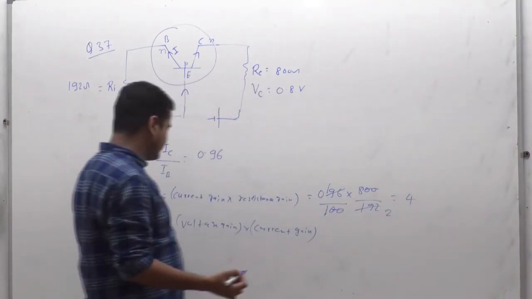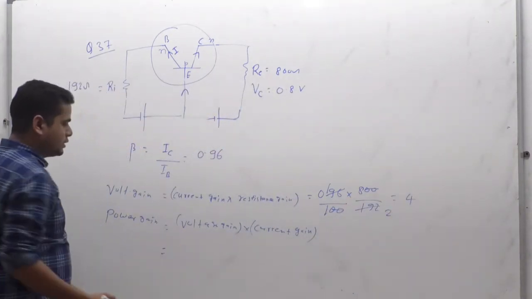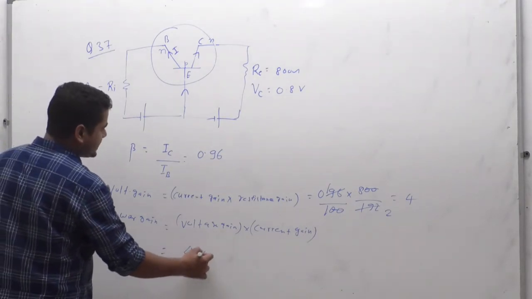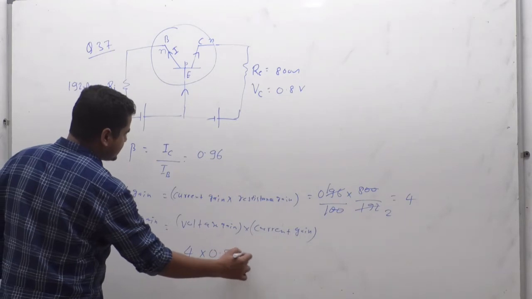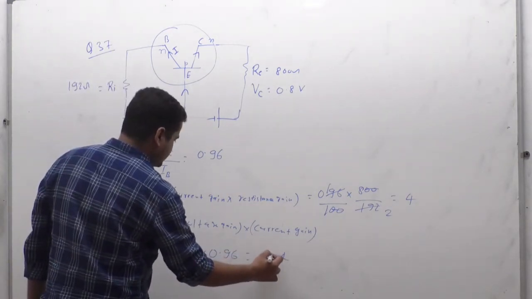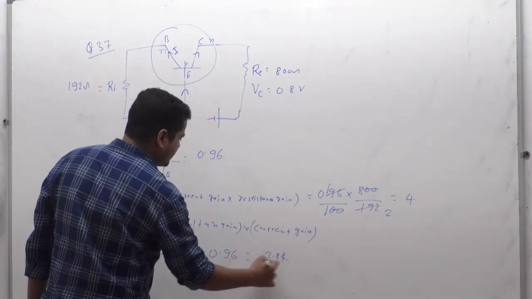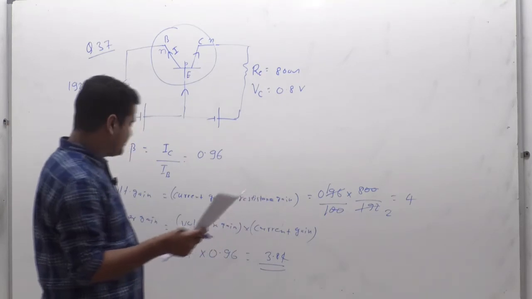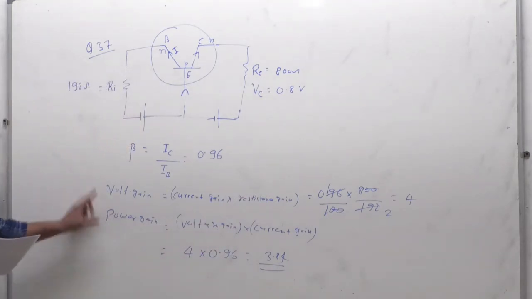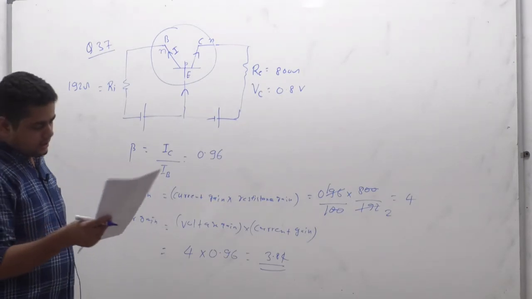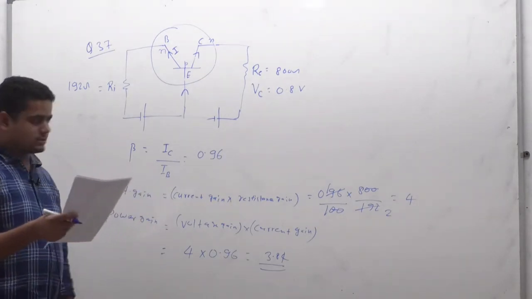So voltage gain is 4, and with current gain 0.96, the power gain is 3.84. The option which is matching is voltage gain 4, power gain 3.84, so option A is the correct answer for this question.